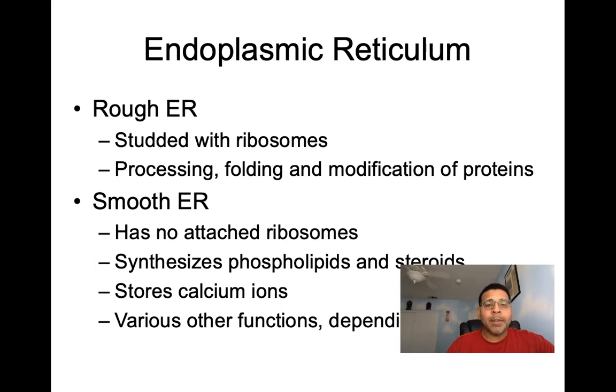Next, we have the smooth ER, the smooth endoplasmic reticulum. The smooth ER is continuous with the rough ER. This area, smooth ER, has no attached ribosomes, hence the name smooth ER.